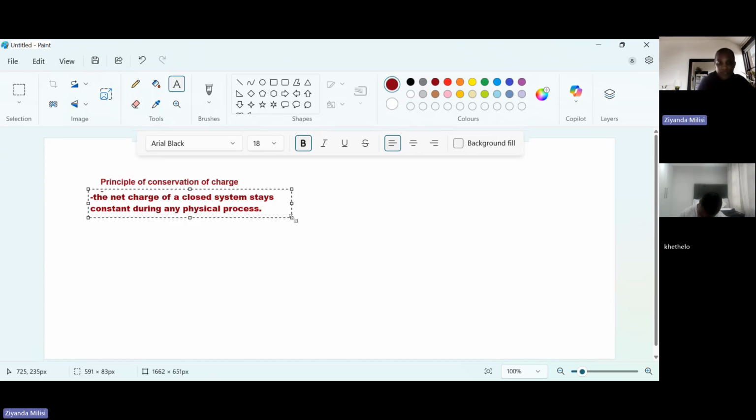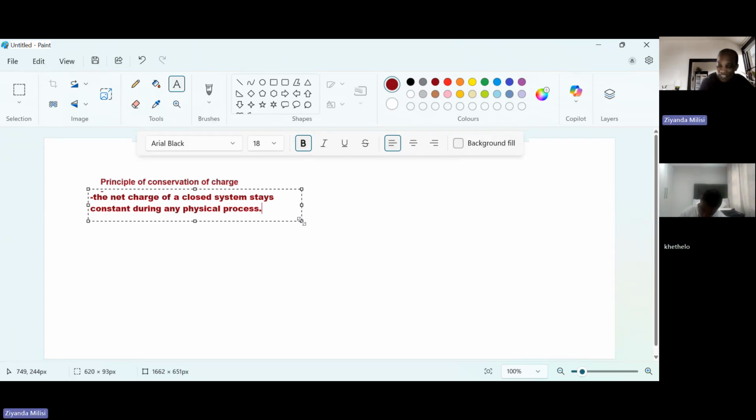In simple words, others will say the old one that says charge cannot be created nor destroyed, but can be transferred from one object to another. You can remember that one.